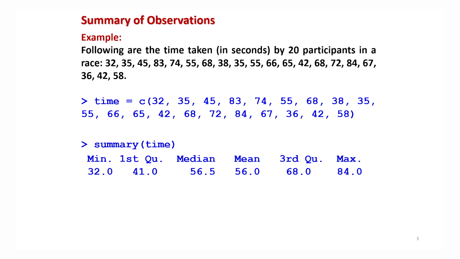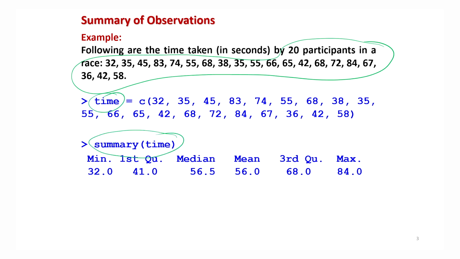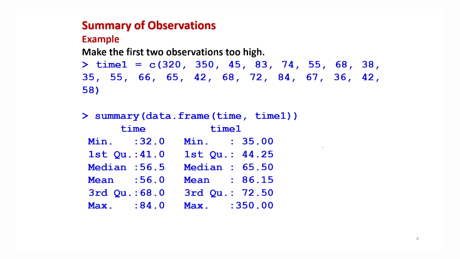Okay. Just for a quick revision, in the last lecture we considered this example where the times of 20 participants in completing a race are measured in seconds and reported in the time vector, and we obtained the outcome of the summary command over time. We have minimum value, first quartile, median, mean, third quartile and maximum. Then we created another data set where two values are very high.